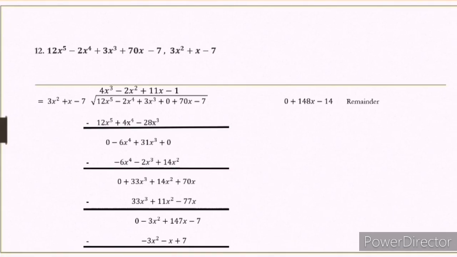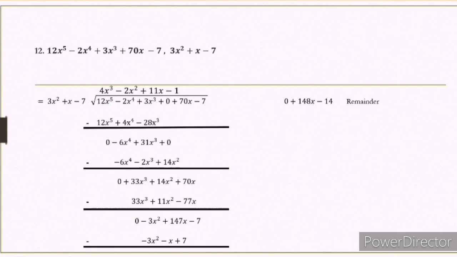0 minus 14x squared is equal to negative 14x squared. Then bring down positive 70. 33x cubed divided by the first term of the divisor is equal to 11x. 11x multiplied to the divisor: 11x times 3x squared is equal to 33x cubed.